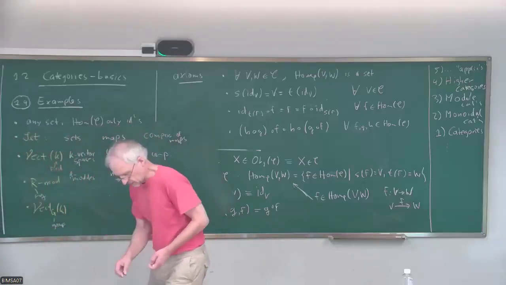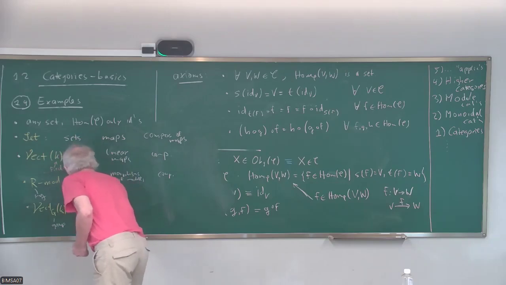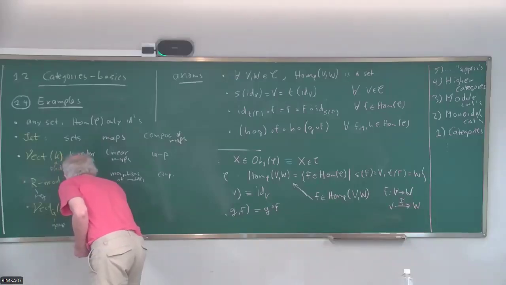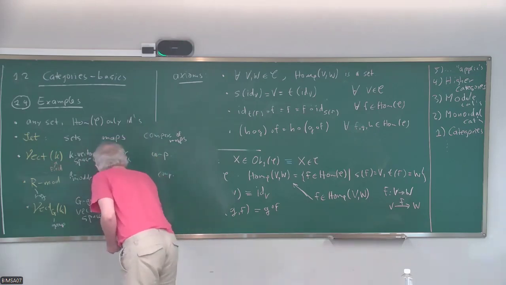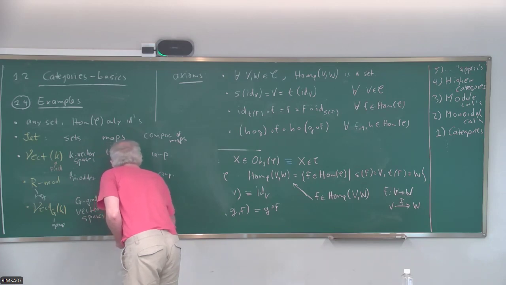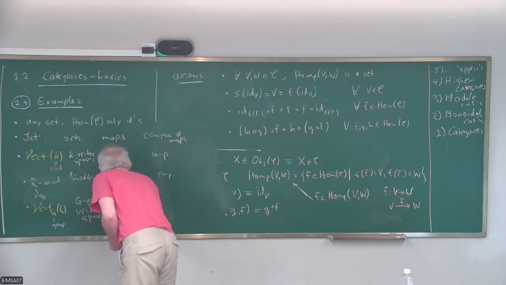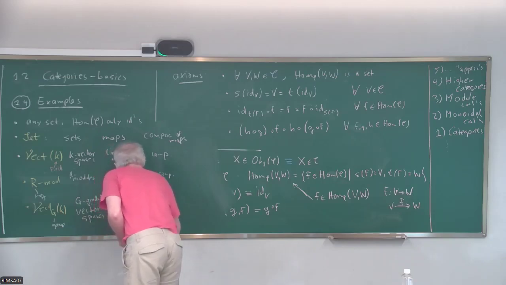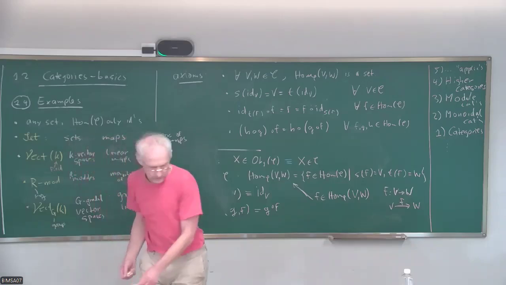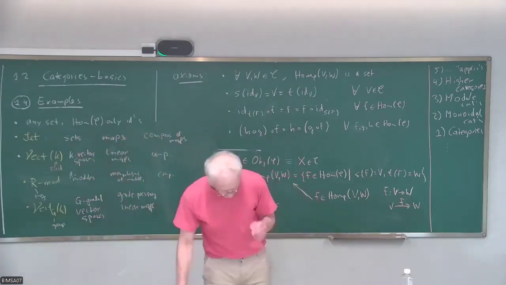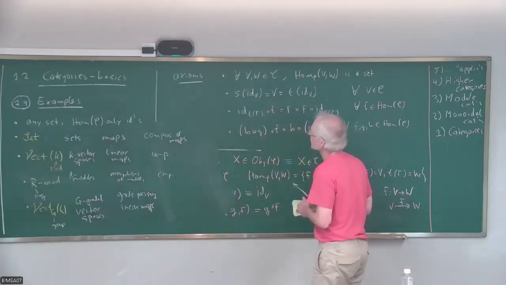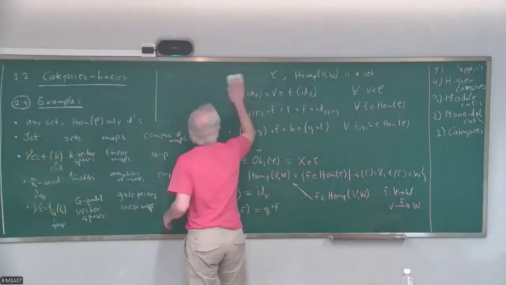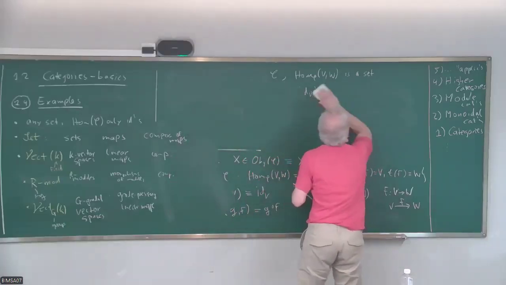Then the objects are G-graded K vector spaces, and the morphisms are grade-preserving linear maps. Then I will continue with more examples, but actually not all of them. I'm already using more time than I had hoped.